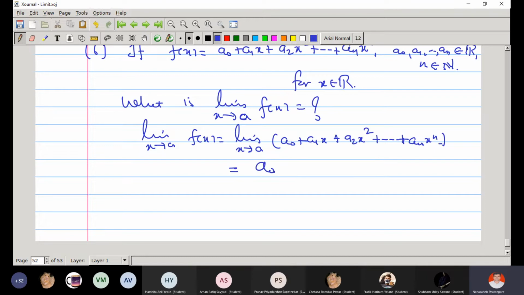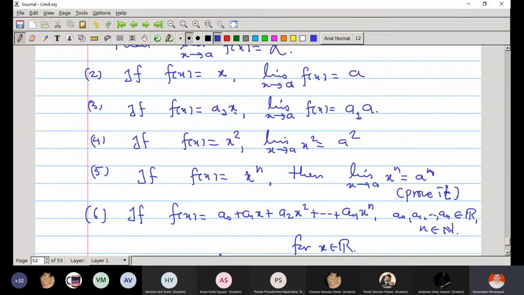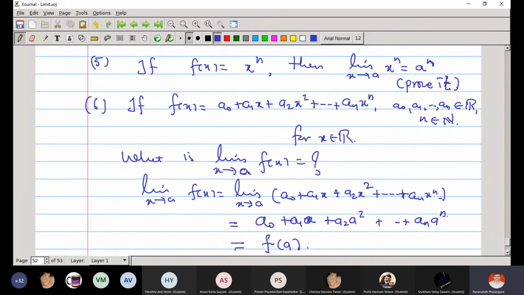So ultimately what is it? a0 plus a1 a plus a2 a square and so on. Just replace x by a, and so can I say that it is f evaluated at a, correct? Yes, sir. And therefore, for a polynomial, the limit at any point exists and it is the value of that polynomial at that point. That is what we can see from this easily.